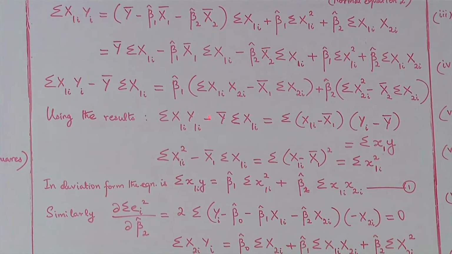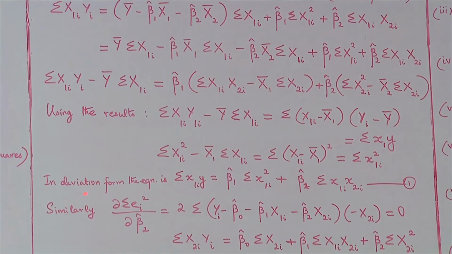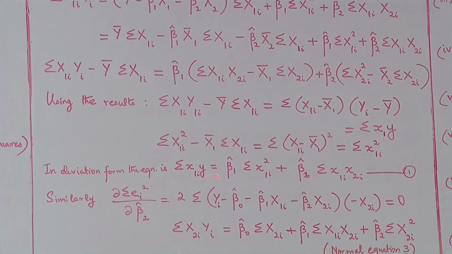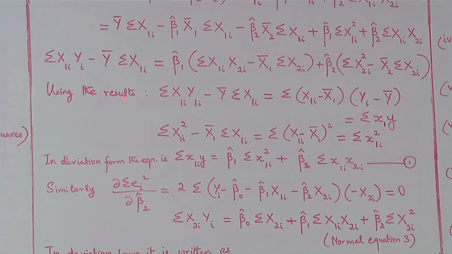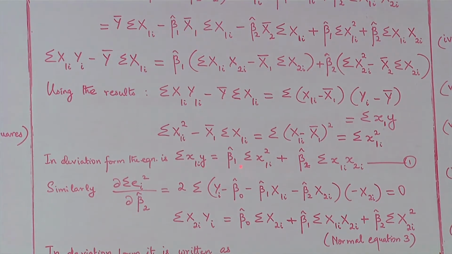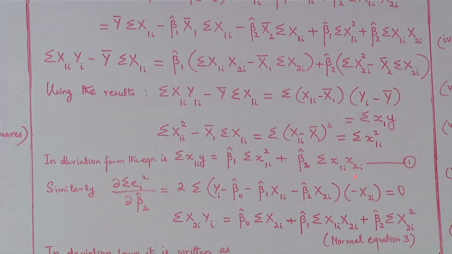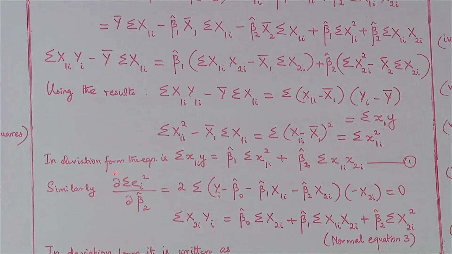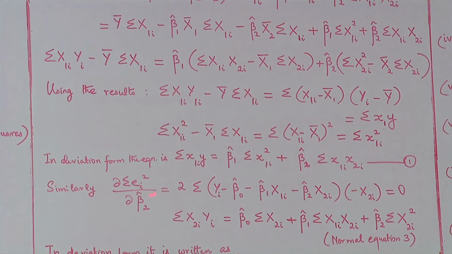So, this whole normal equation can be written in deviation form as sigma x1y, and this becomes sigma x1y equals beta 1 hat sigma small x1i square, and again if we apply the same method here, we get sigma small x1i x2i. So, this whole equation becomes like this.